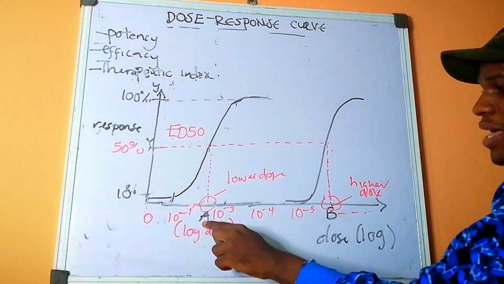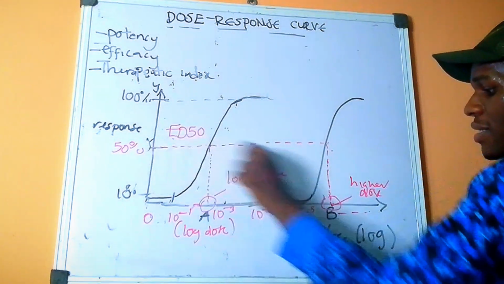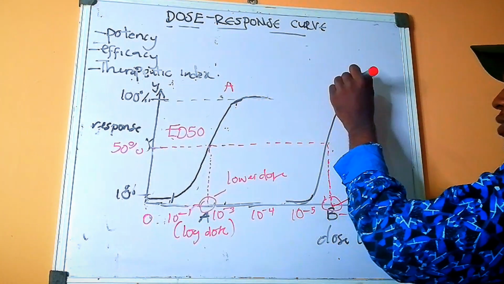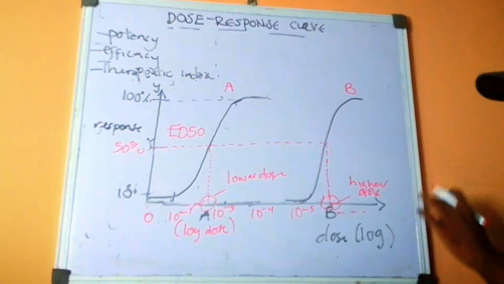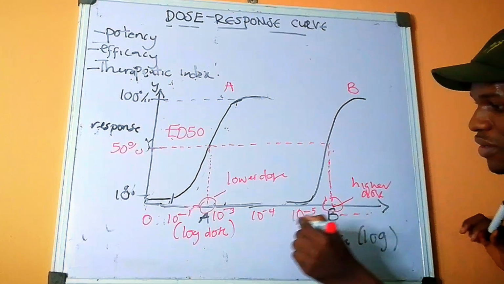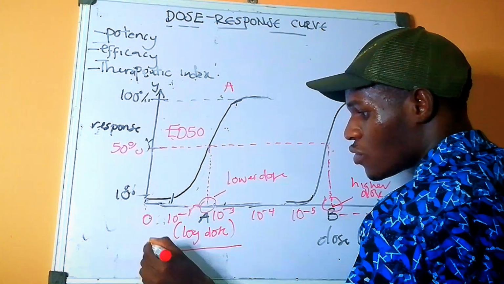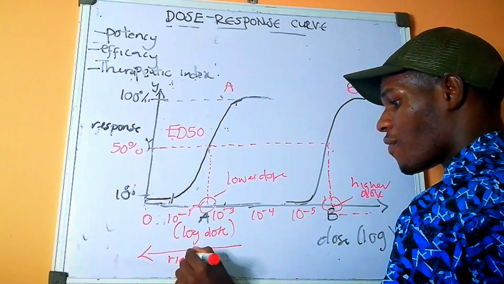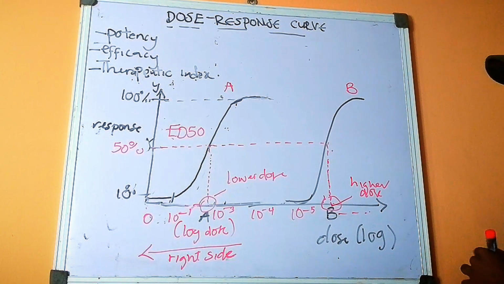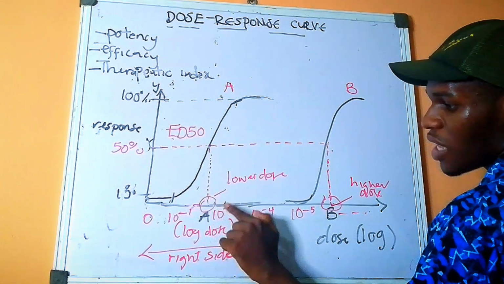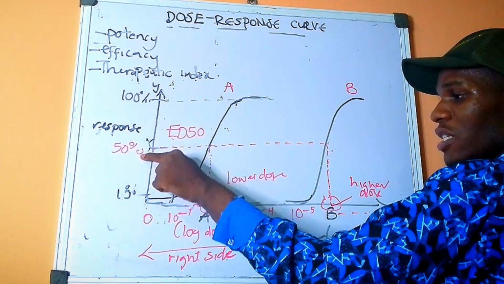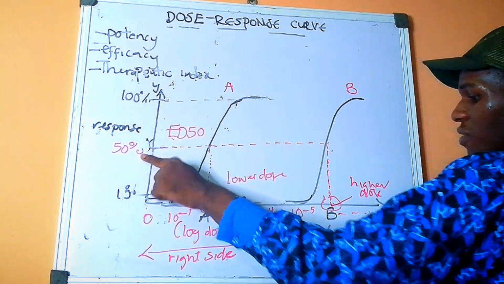So of course, A is more potent than B. So sigmoid curve A is more potent than sigmoid curve B. This shows us that the potency of a drug increases to the left side of the curve, because here we have a lower dose that will still produce the same 50% response in a given population.